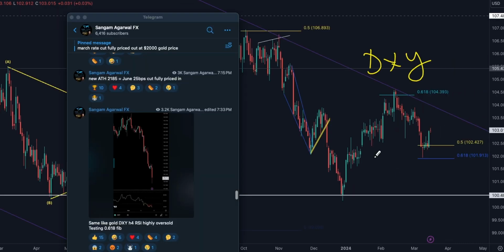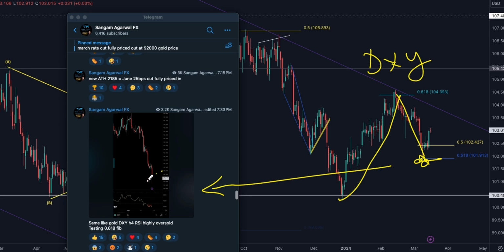Dollar index daily chart, first it goes up, then retracement almost 61, and when price was there I updated in Telegram, but because of the Indian festival holiday I could not make a video. At that time it was testing a few retracements and it was highly oversold, the same as overbought gold.